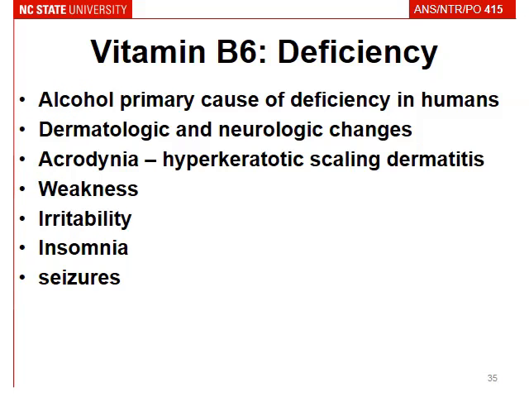With B6 deficiency, I'd like to mention first that it's pretty rare in humans. Usually if you're going to see B6 deficiency, it's primarily caused by alcoholism. And with those individuals, you get some sort of rash or neurological change, since B6 is required to make those neurotransmitters.